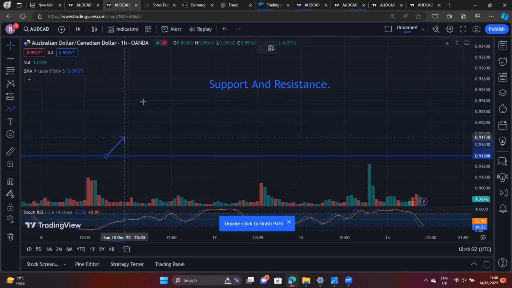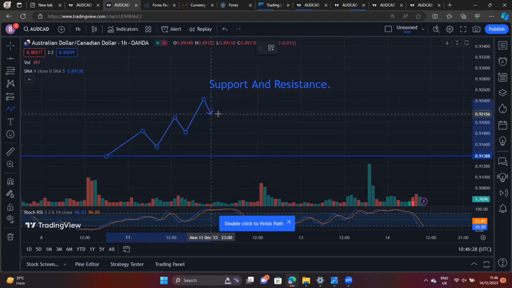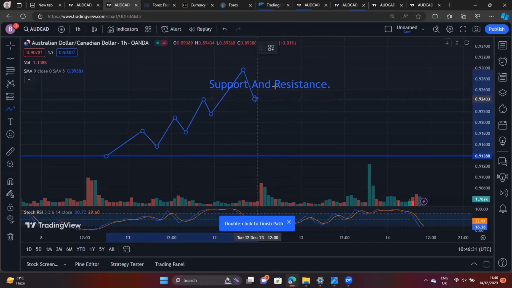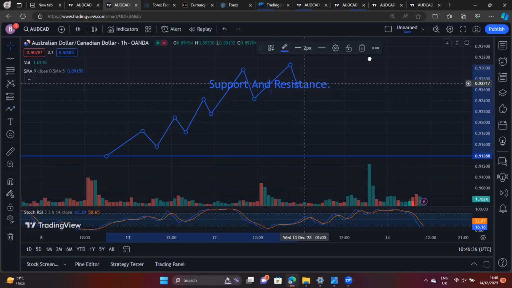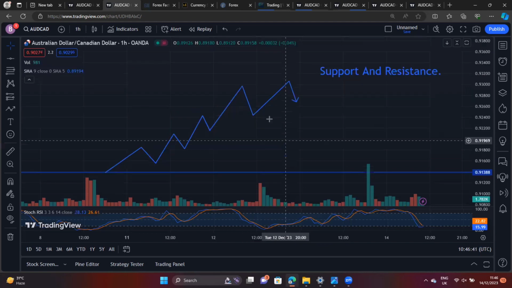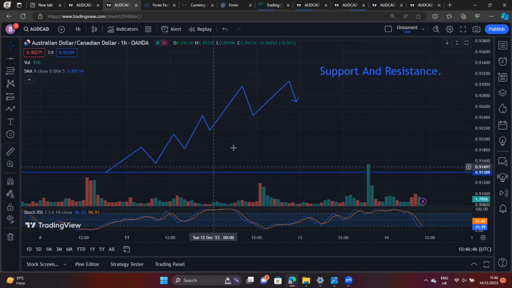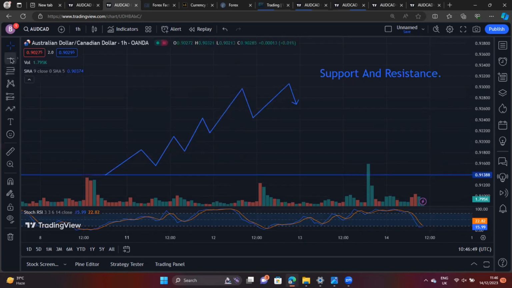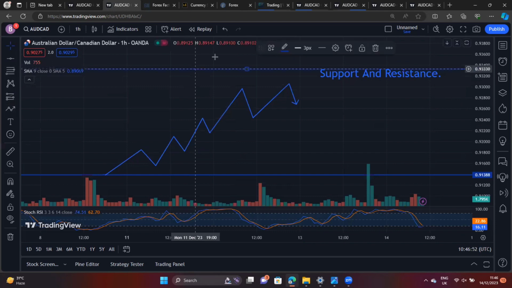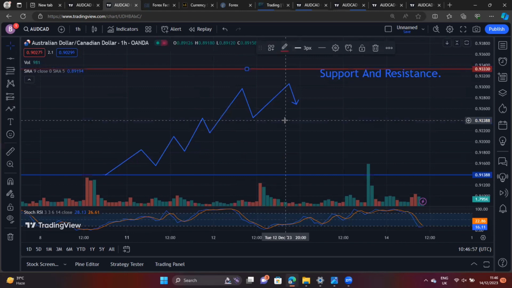Let's say price is around these zones in the markets. When we classify, below this zone is called the support, and above is called the resistance. This is just a basic analogy of what support and resistance are.